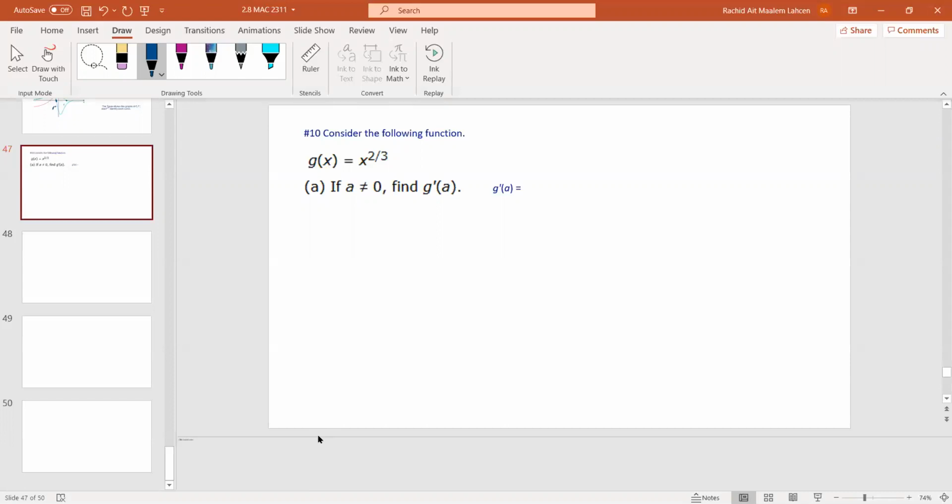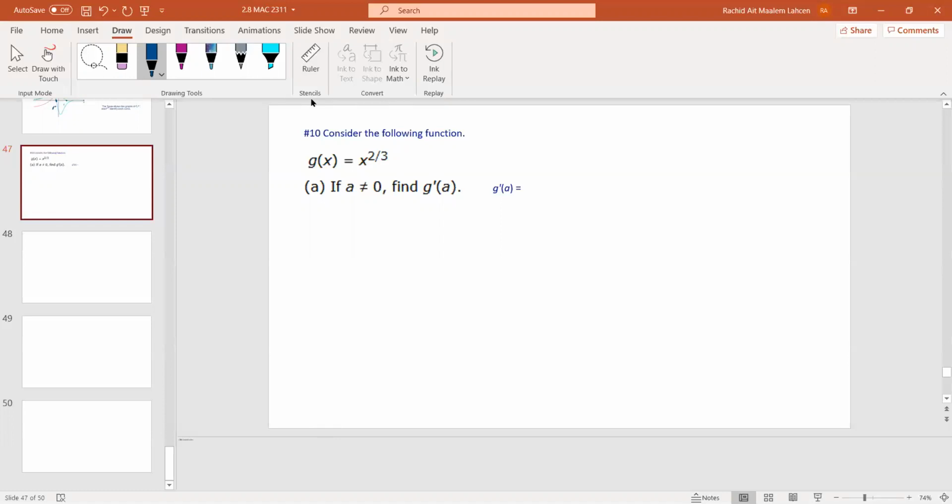This is a function g(x) = x^(2/3). If a is not 0, find g prime of a. So if we want to use what I used in all other examples, if you look at the videos, I talked about two parts for the derivative. We use one, the definition, mostly.